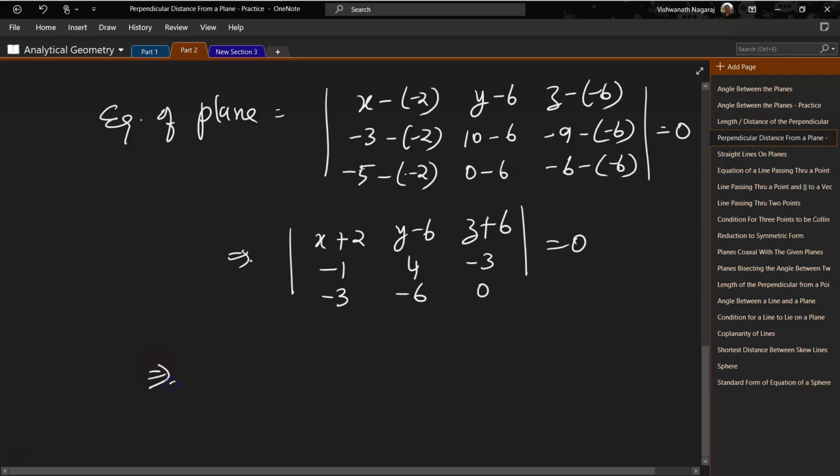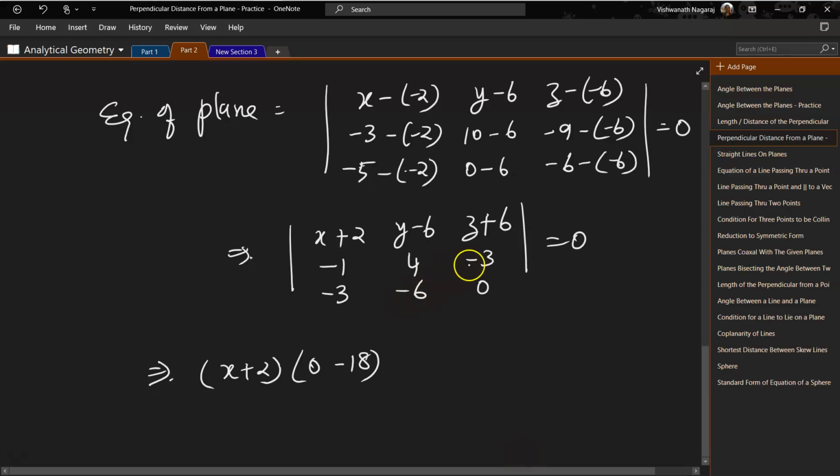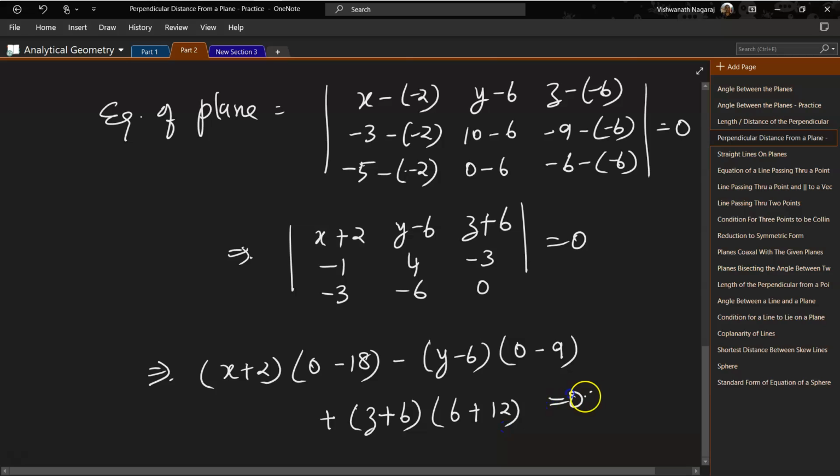Now let's solve this. x plus 2 times 0 minus 18 plus 18. So minus 18 minus (y minus 6) times 0 minus 9, plus (z plus 6) times 12 equal to 0.